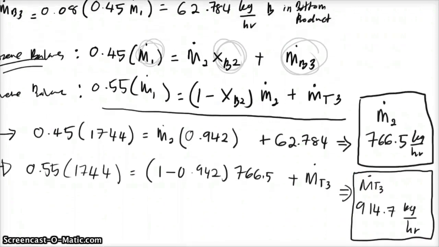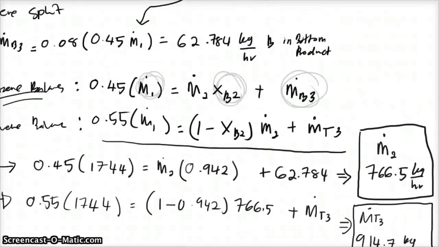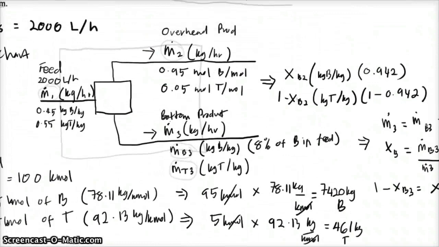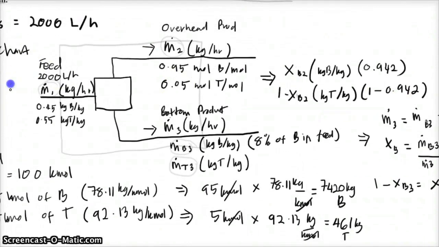So yeah, I think we found out everything. So M1 is, what's the value? 1744 kilogram per hour, and M2 is 766 kilogram per hour.